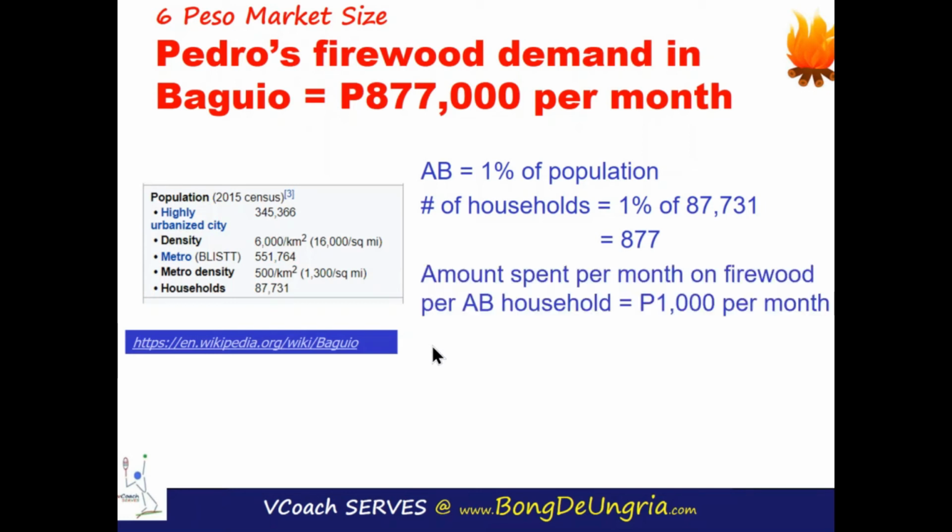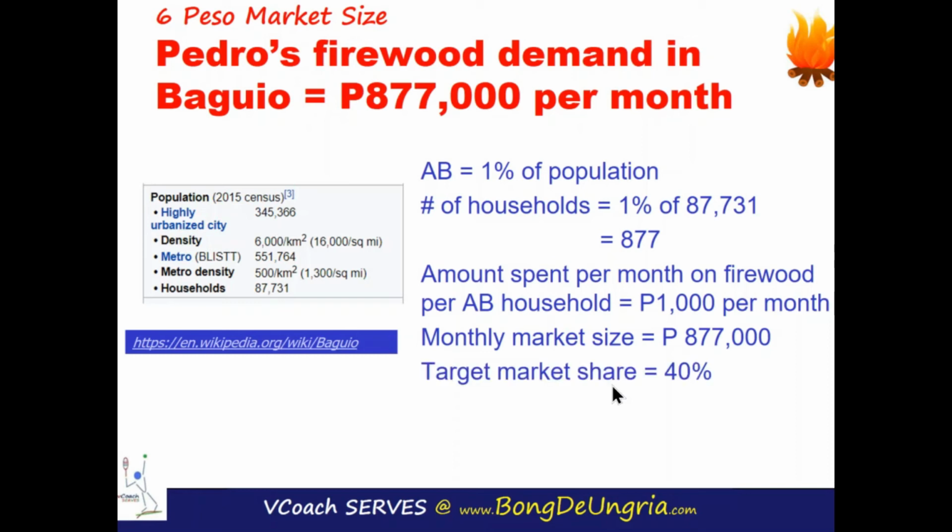Now, estimating that firewood will be delivered 5 times at 200 each for the entire month, each AB household with a Pedro can order 1,000 pesos worth of firewood per month, and therefore multiplying the number of households times the consumption will give 877,000 per month as the monthly market size.